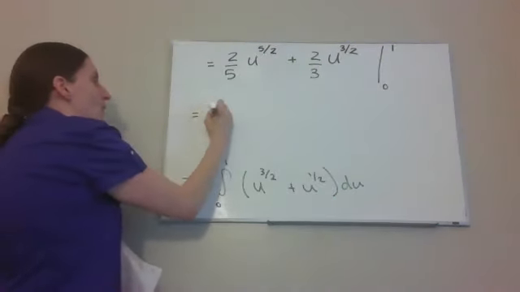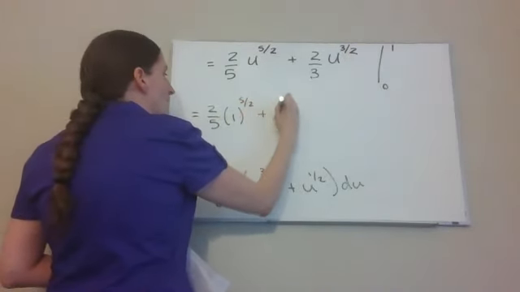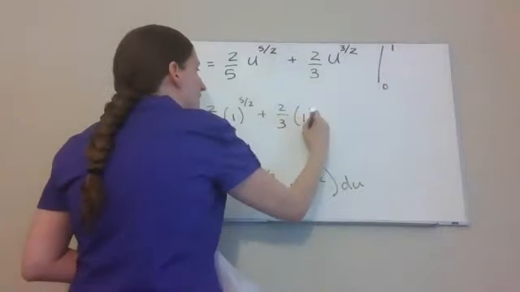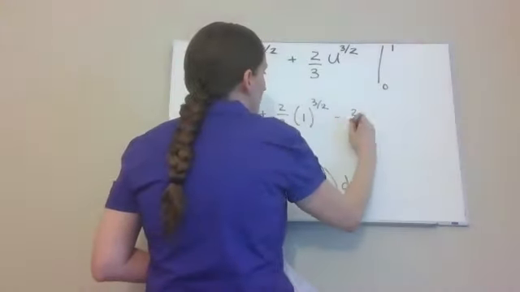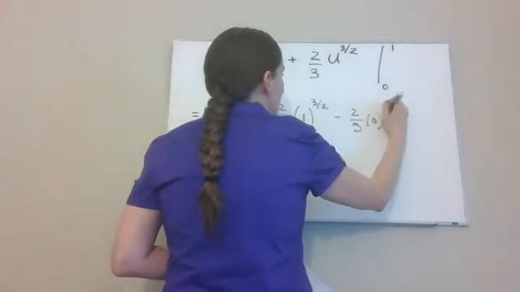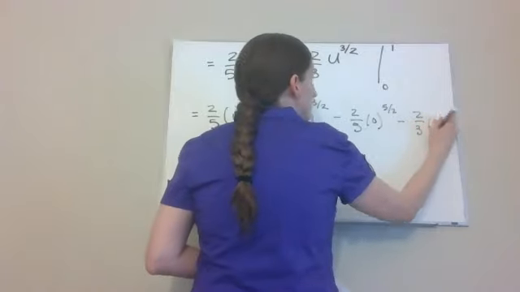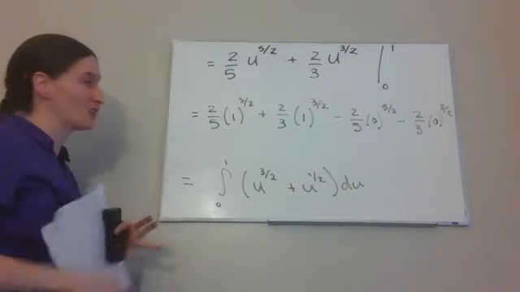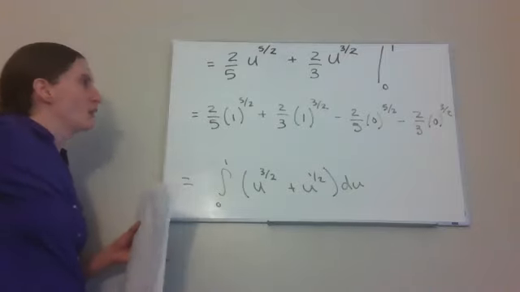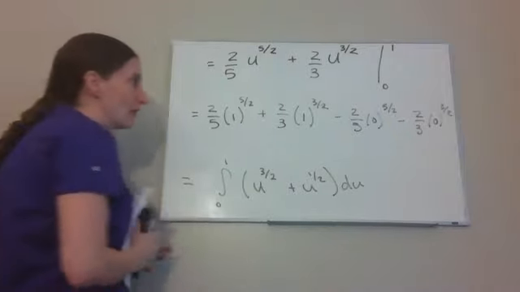So when I plug in the 1, I get this. And then when I plug in the 0, I get this. And now it's just a matter of simplification. Well, luckily, 1 to any power is going to be 1, and 0 to any power is going to be 0.